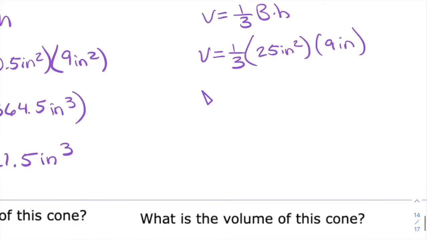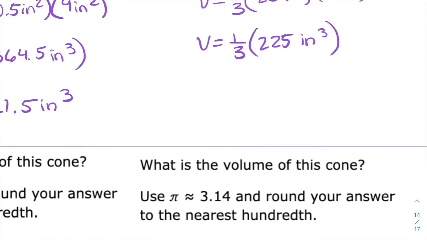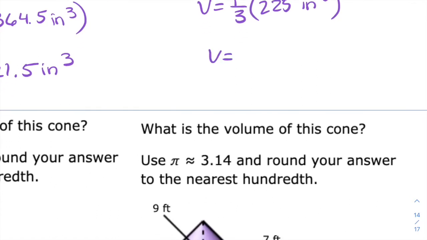So volume equals 25 times 9, which is 225. Volume equals 1/3 of 225 inches cubed. And that's divisible by 3, which is 75 inches cubed.